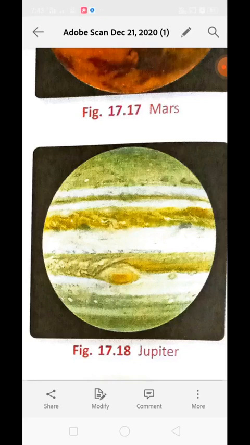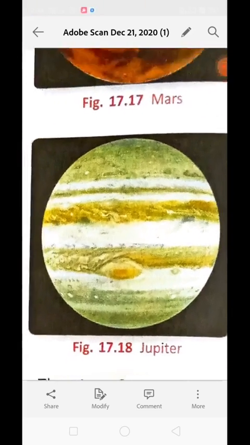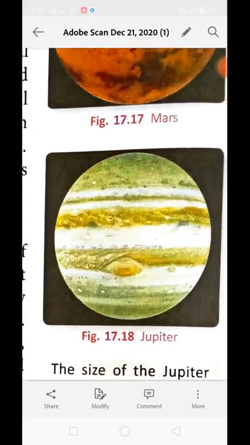Thus, its temperature always remains in the negative range, about minus 124 degrees centigrade to minus 13 degrees centigrade. It means always cold. Jupiter has so far been detected with 63 natural satellites revolving around it.